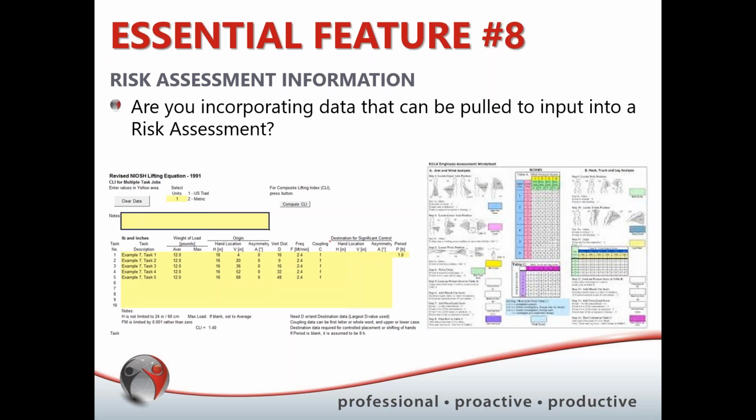We should be able to, in a really good PDA, I should be able to pull most of the data that I need to run a risk assessment from the PDA. Right? I shouldn't even need to come on site again or look at the job a second time. I should be able to grab all the data I need from that PDA in order to run a risk assessment to help demonstrate that the odds of this injury occurring on this job are really slim.